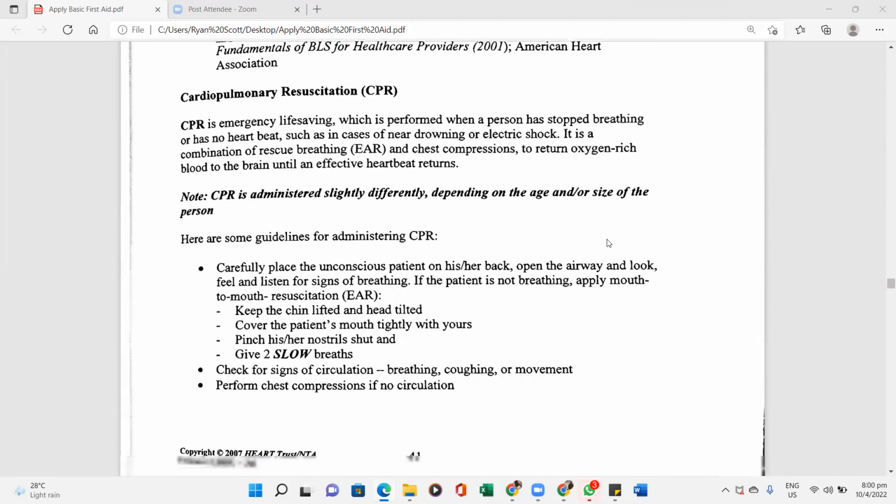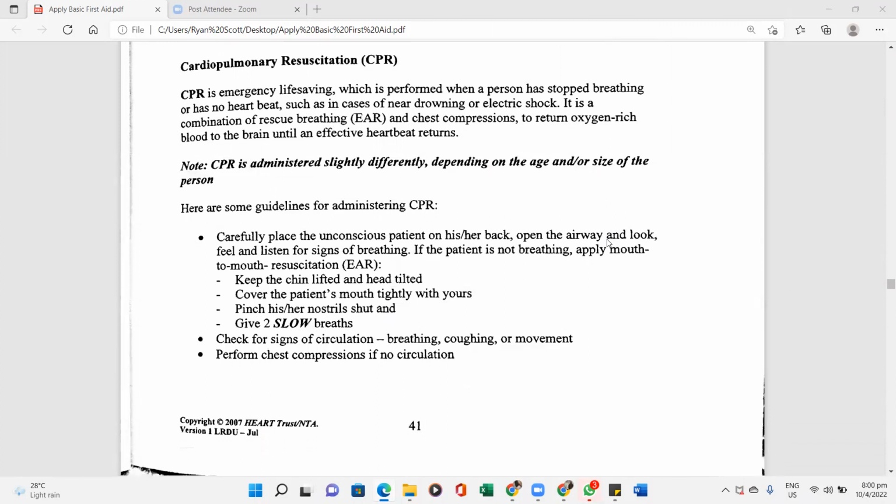Now we're at CPR, which is cardiopulmonary resuscitation. Now everybody knows about CPR already, right? All right, so it's an emergency life-saving event that we perform when somebody is not breathing, and sometimes when they don't have any heartbeat as well.